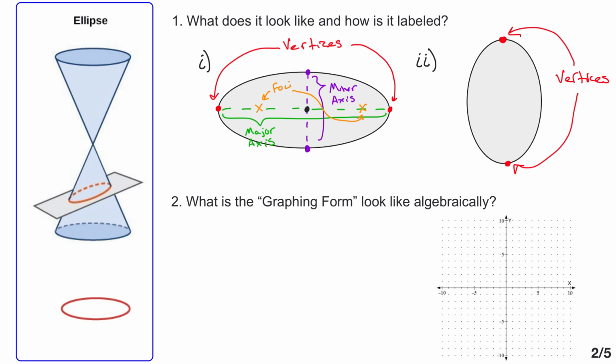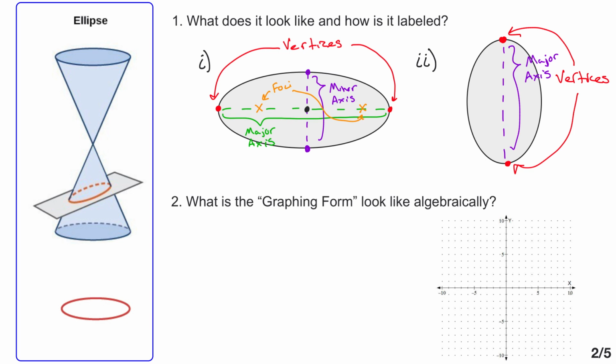But the axis that is in the direction it is stretched in, that is to say, the axis up and down in this case, is referred to again as the major axis.